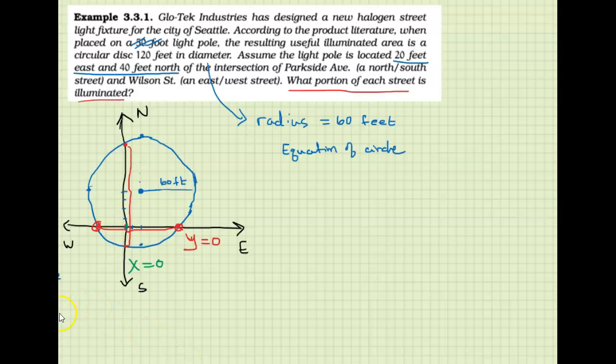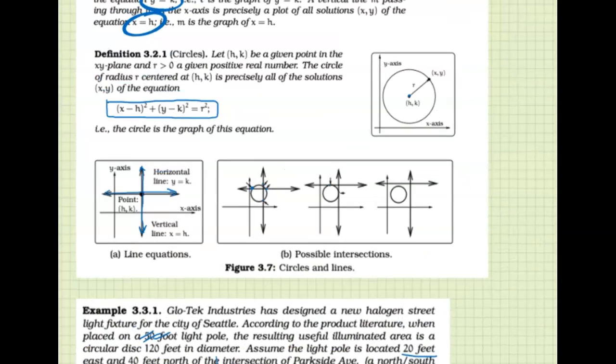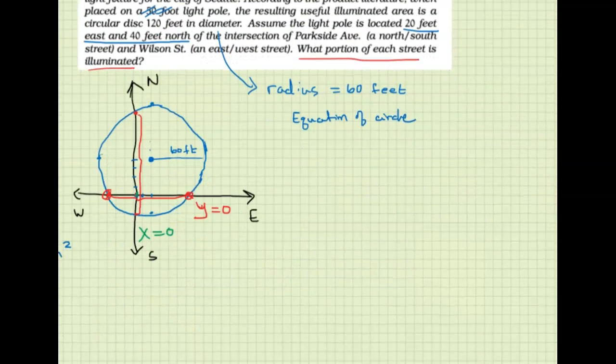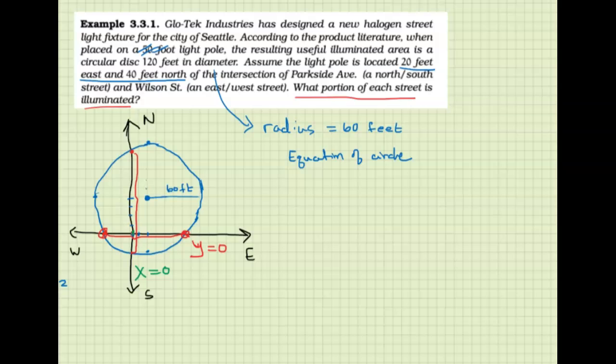We know that the equation of a circle looks like this: x minus h squared plus y minus k squared equals r squared. h and k are the coordinates of the center, r is the radius. The center is 20 feet east and 40 feet north, so 20 and 40.